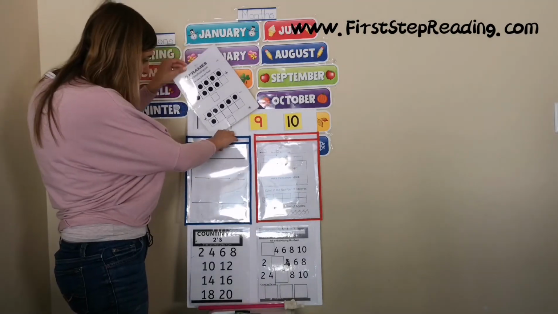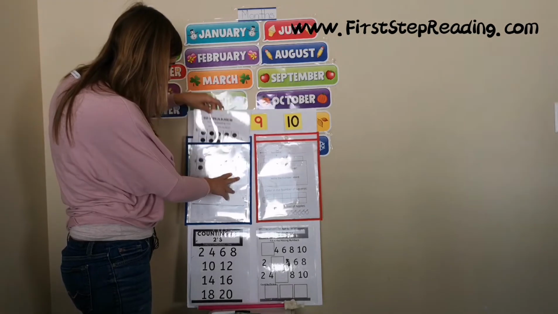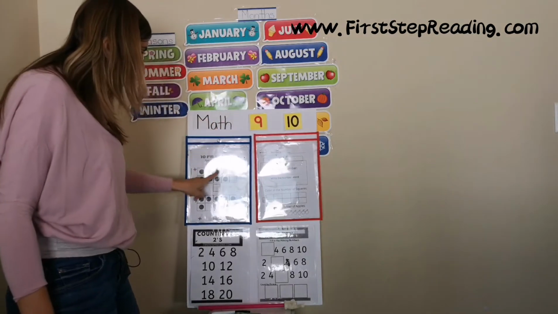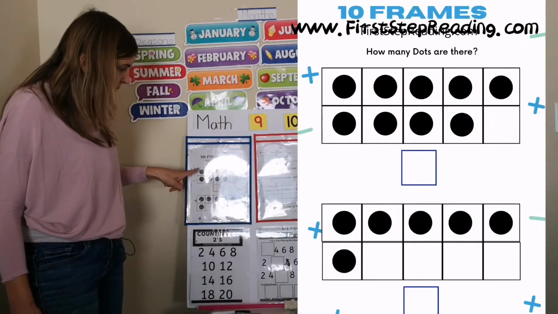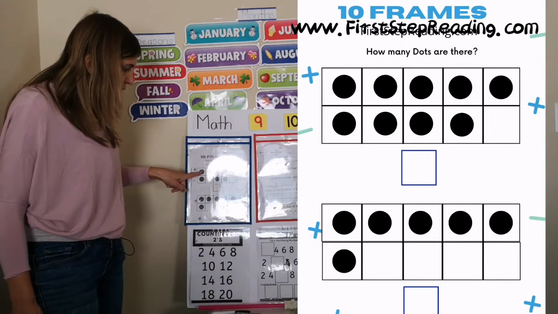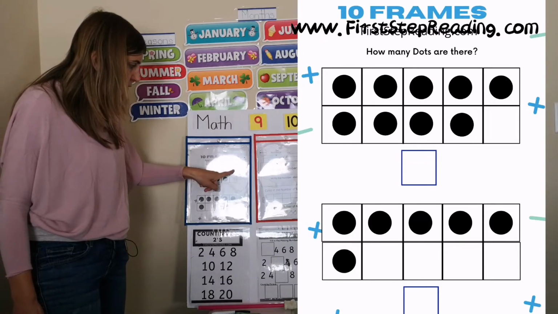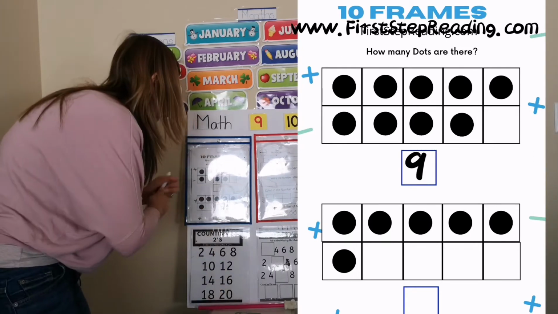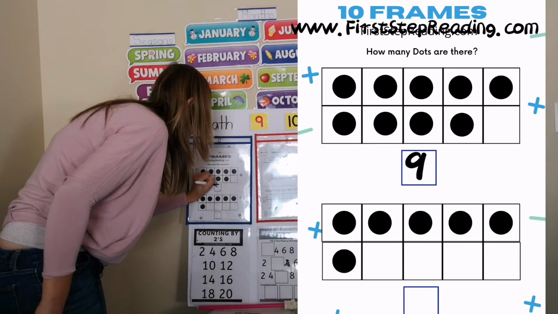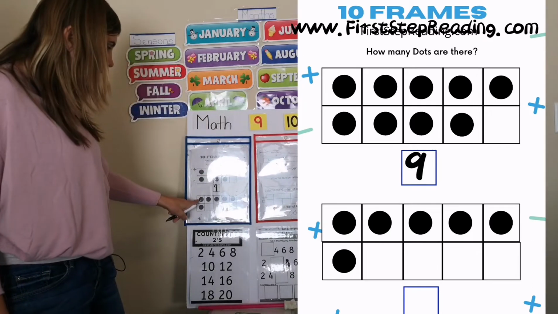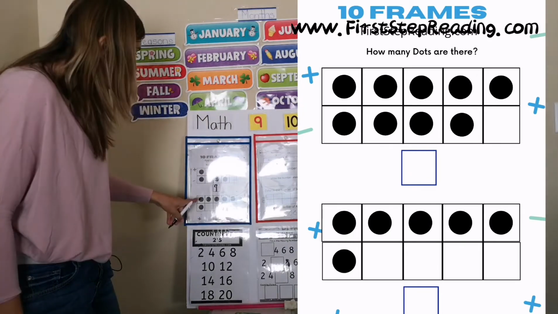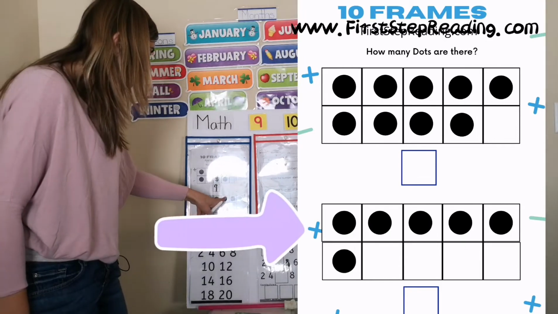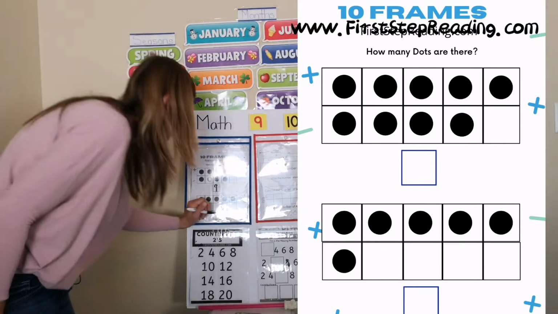So the first 10-frame worksheet we're going to do is where we count the dots and we write the number. So this one is 1, 2, 3, 4, 5, 6, 7, 8, 9. And I write 9. Same thing here. I count how many dots are in my 10 frame. 1, 2, 3, 4, 5, 6.